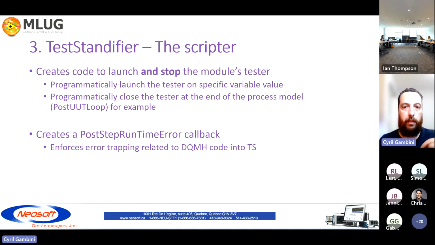So you can dynamically launch a tester and dynamically close it, which is very useful when debugging in production. And we create a post-step runtime error callback to enforce error trapping directly in TestStand.